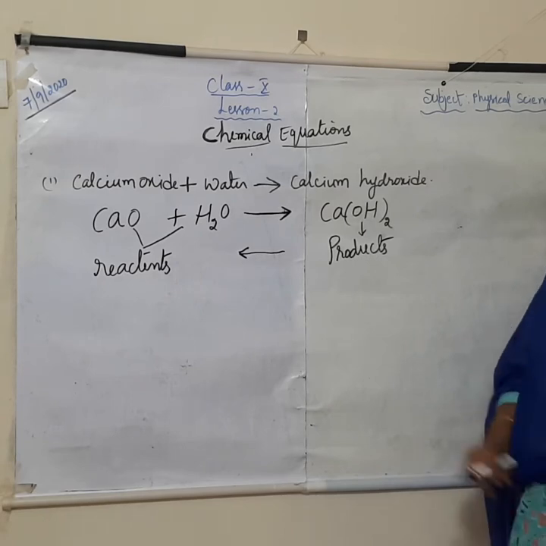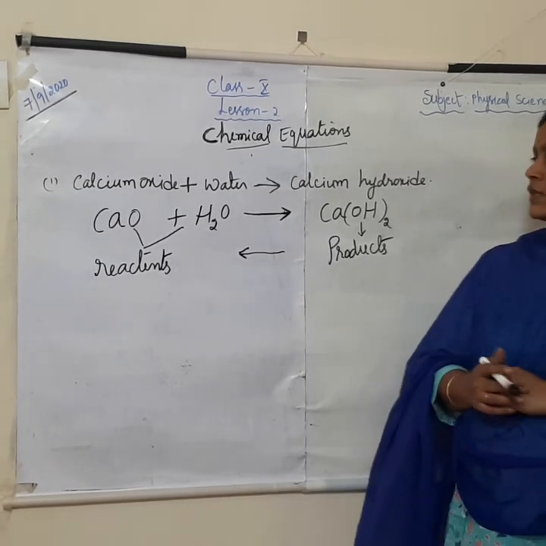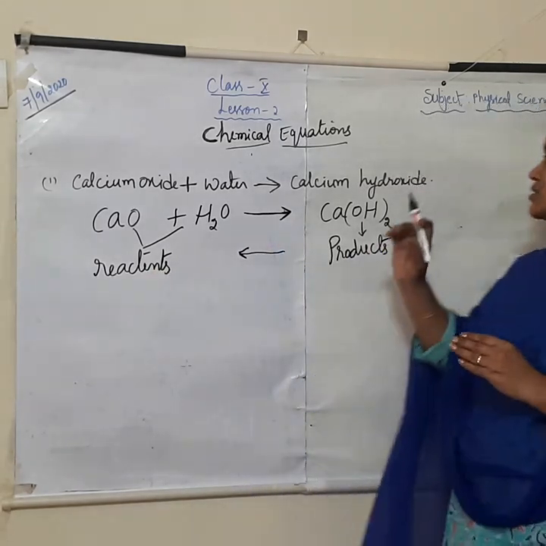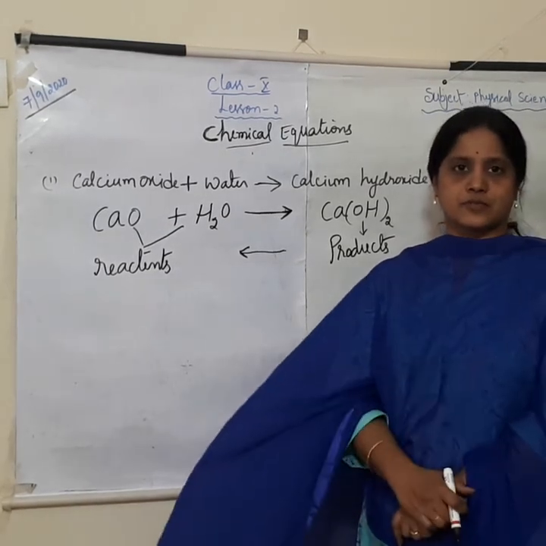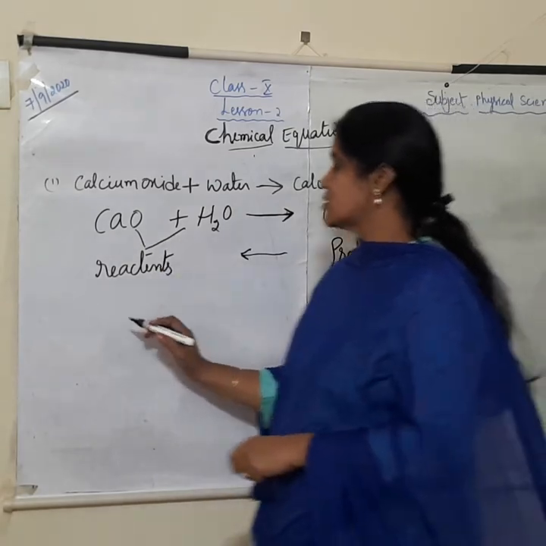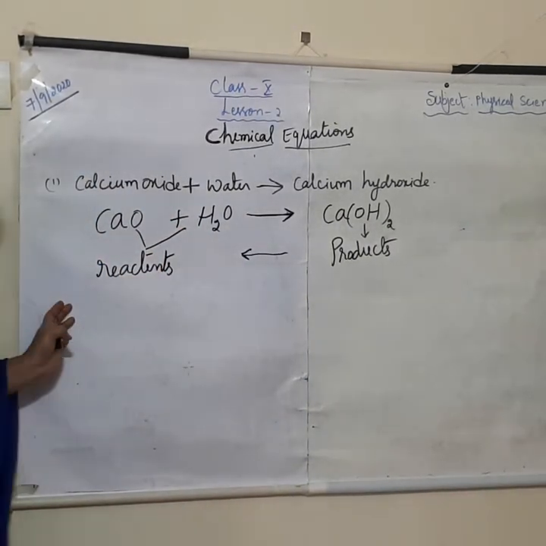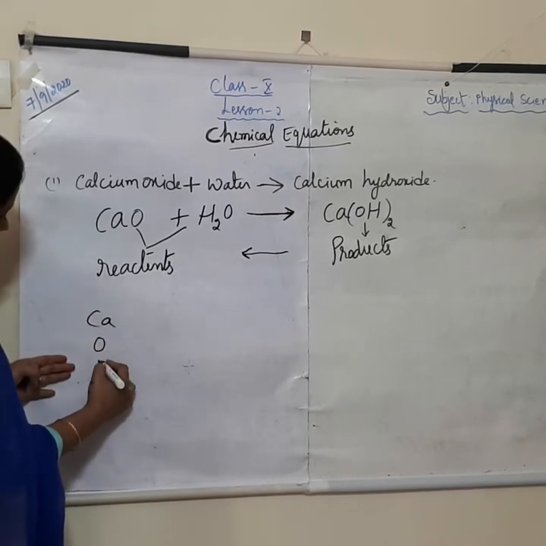Next, in a chemical equation, you find out whether the number of atoms of the reactants and the products are the same or not. The elements participating here are the calcium element, oxygen element and hydrogen element.